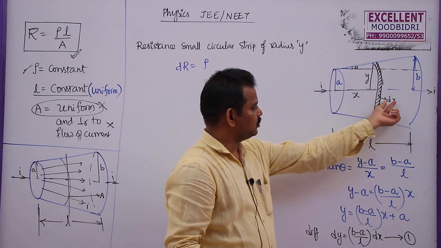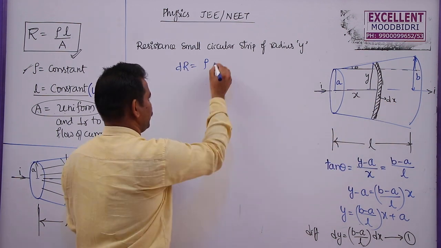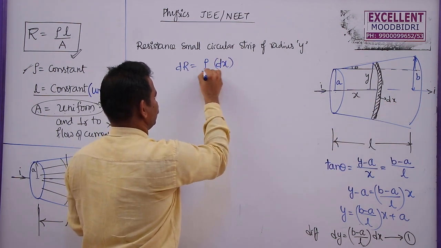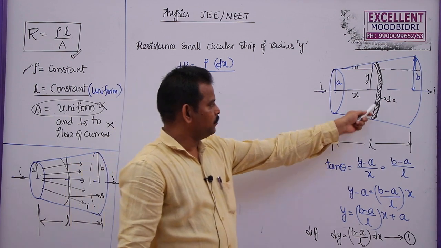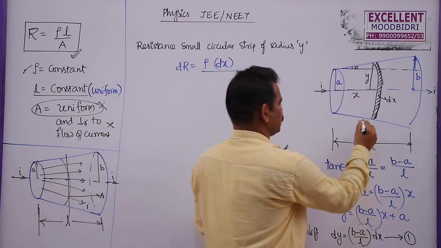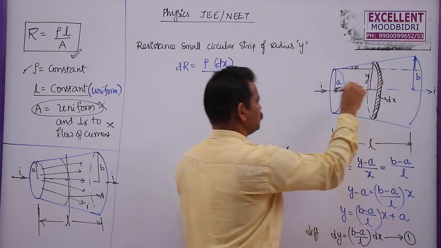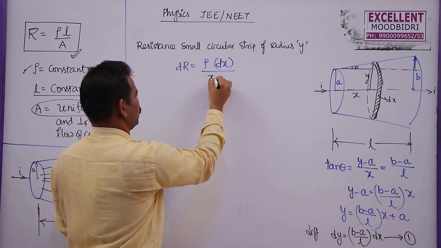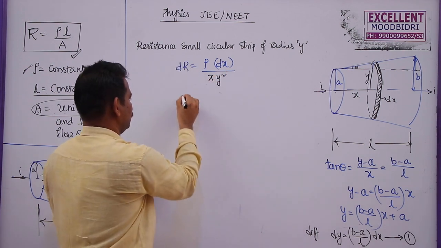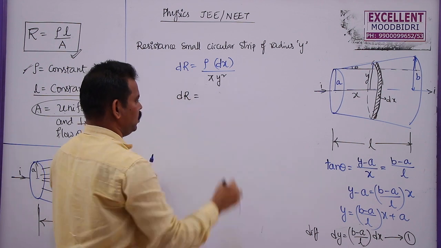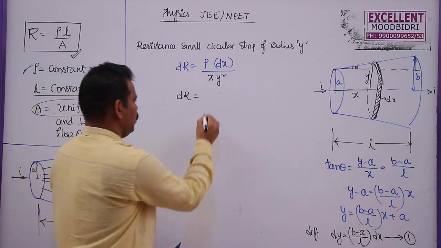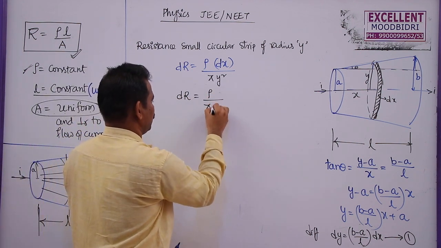The length of this one is nothing but the thickness of this strip, which is dx, by, what is the area of this strip here? This is a circular area, so area is equal to pi into y square. So this small resistance is given by rho constant, pi constant.